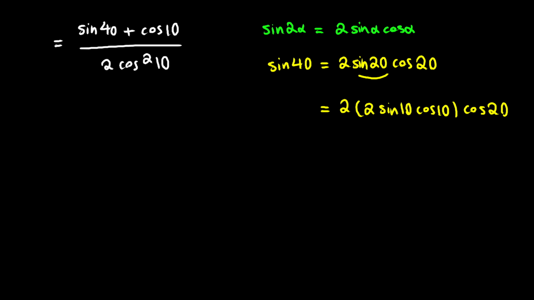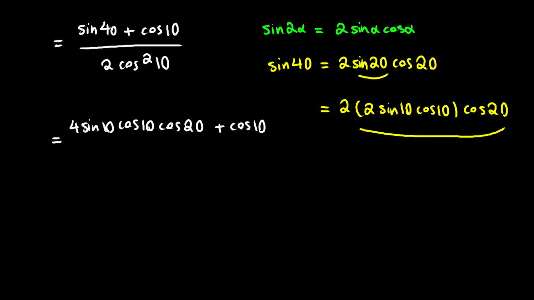So let's go ahead and replace sine of 40 with this expression. So we will have 4 times sine of 10 times cosine of 10 times cosine of 20 plus cosine of 10 divided by 2 times cosine squared of 10.